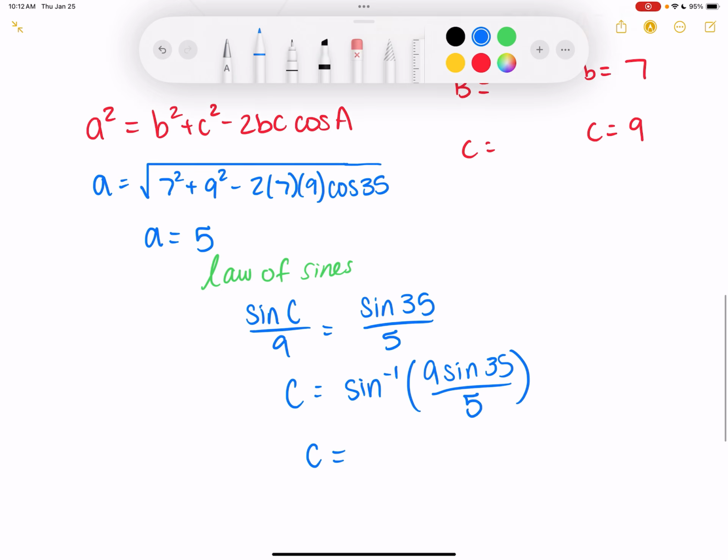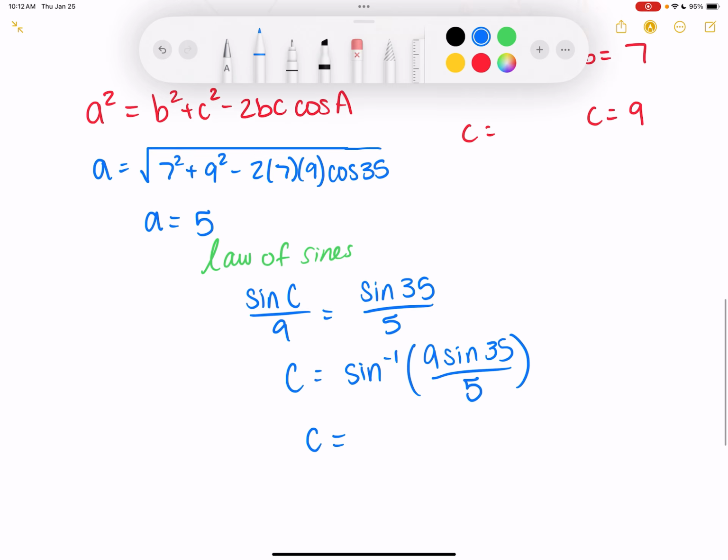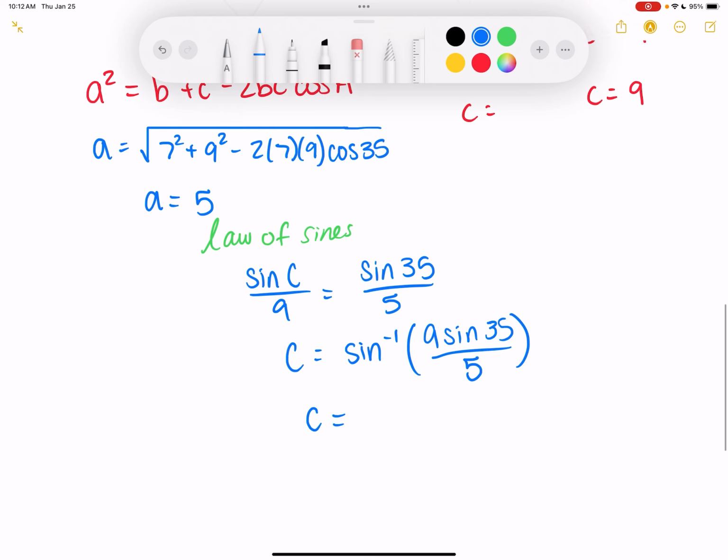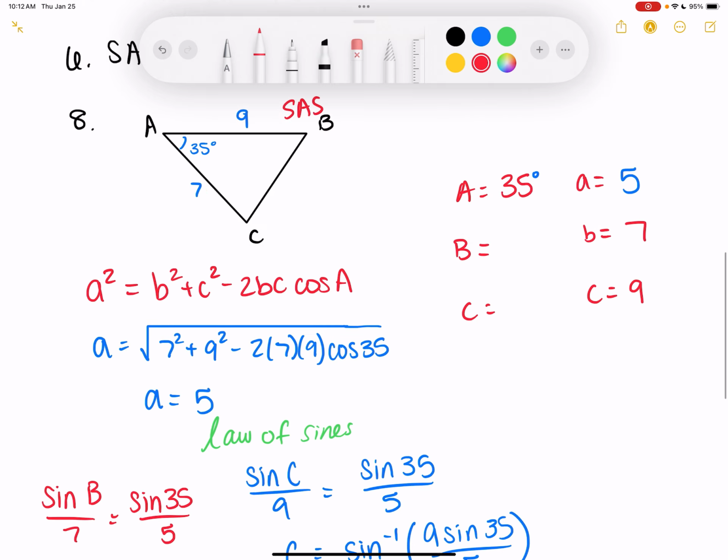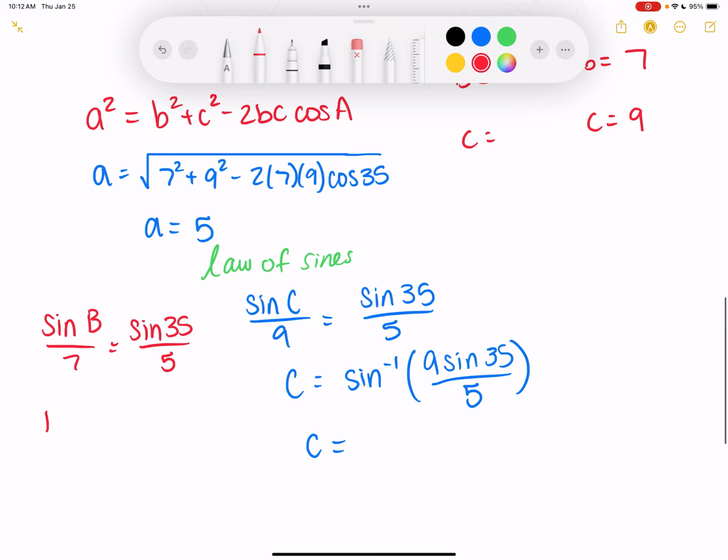Okay, let's try the other one then. I don't know why it's doing that. So sine of B over 7 is equal to sine of 35 over 5. So B equals the inverse sine of 7 sine of 35 over 5.